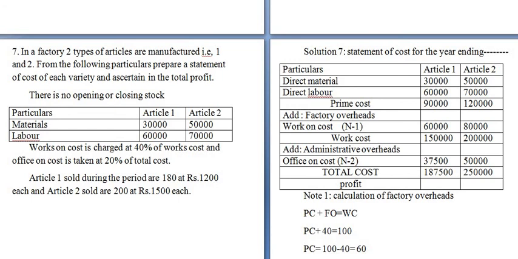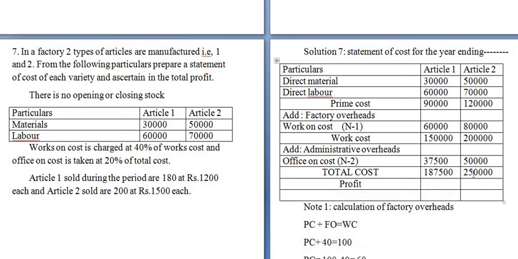Yes. Okay, now next we will have to find out profit, right? So how can we find out profit? Once we know what is sales. Okay, now sales, what information they have given, read the last para. Article 1 sold during the period are 180 at rupees 1200 each.